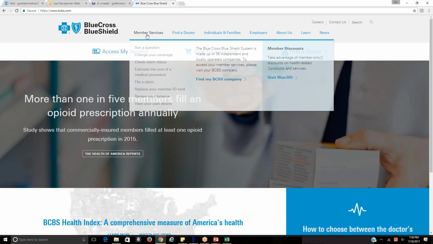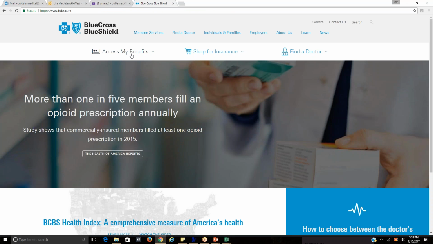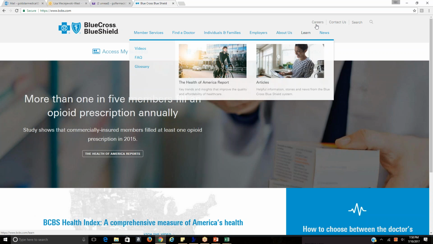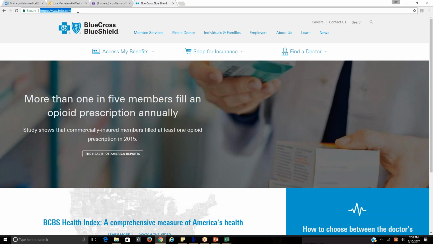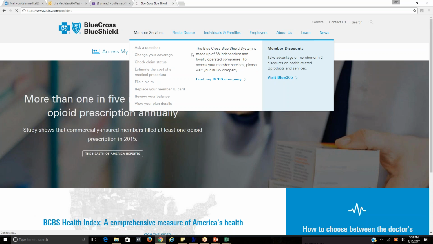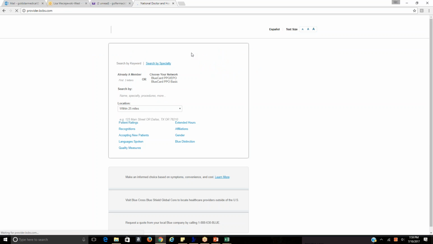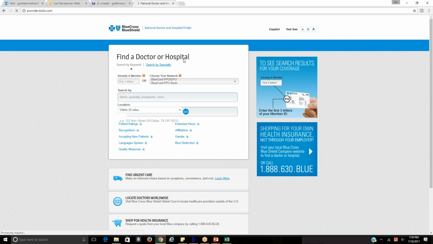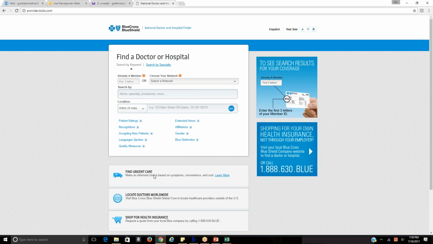And you'll notice that there are sections for patients and sections for providers and so forth. This would be the provider section where they can locate doctors, and I'm not in the right place here.